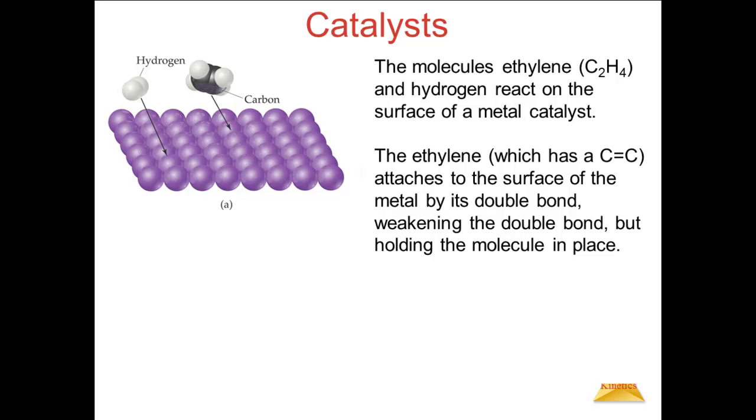Here is a reaction between ethylene and hydrogen. The double bond of the ethylene bonds to the metal atoms at the surface, tying the ethylene down and weakening the bond.